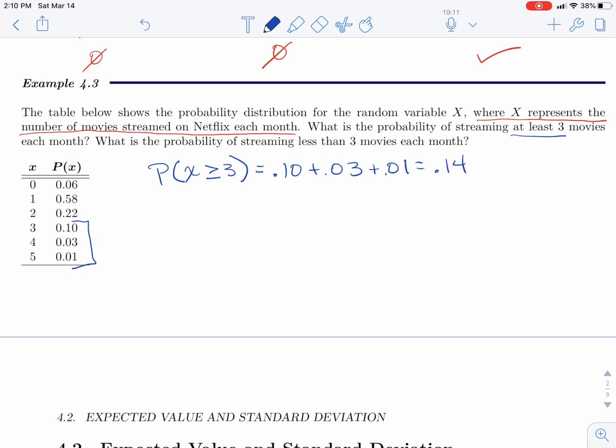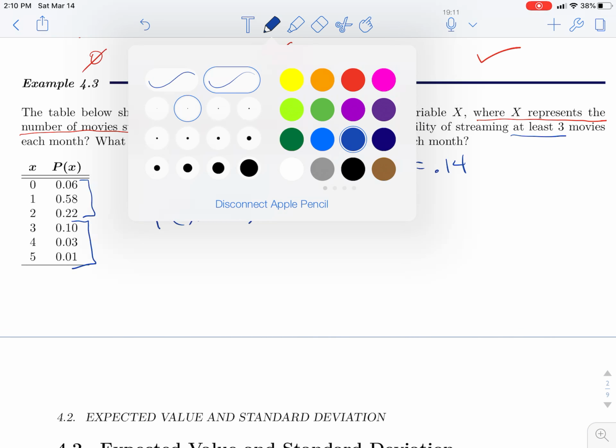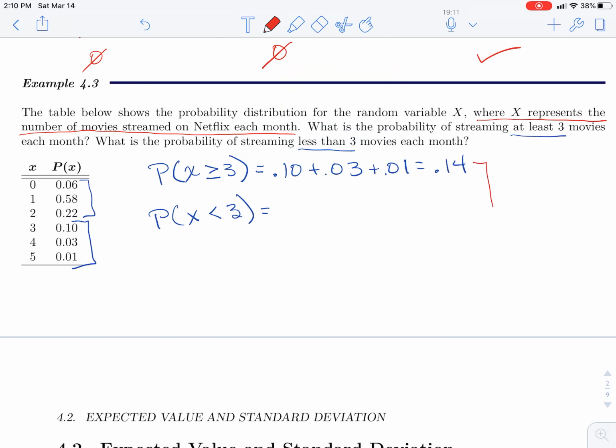Then the next question asks, what's the probability of streaming less than 3 movies? Well, with this one, it's strictly less than, so 3 is not included. So we want our x value to be less than 3, which includes everybody else, 0, 1, and 2. Well, noticing that those are all of our 100%, we can consider these two events to be complements.